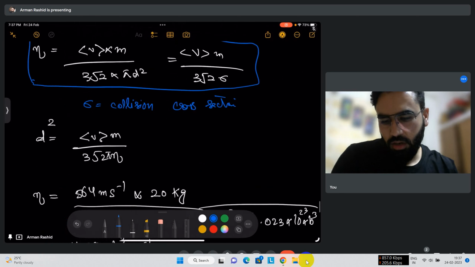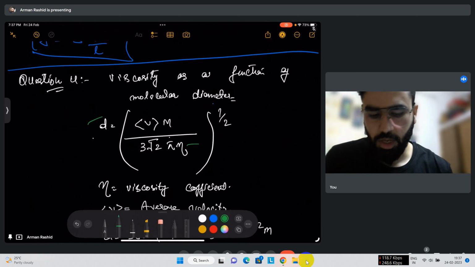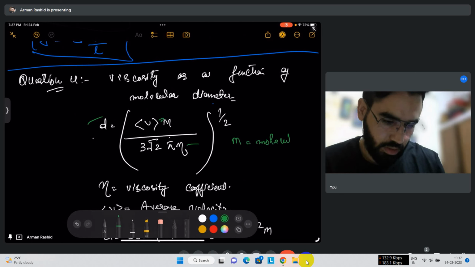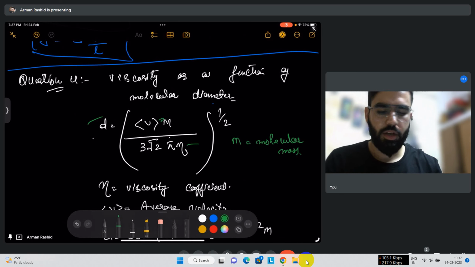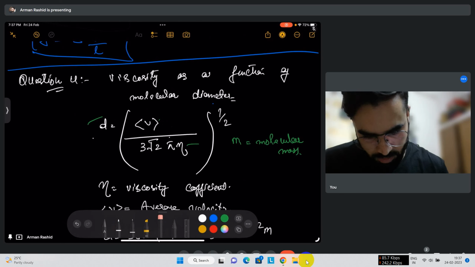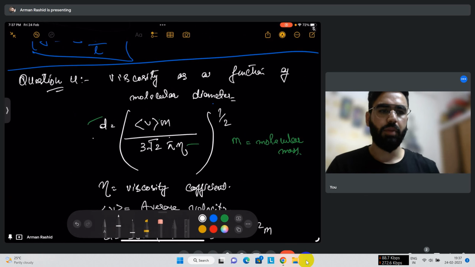So what we have done is we have used this equation that correlates viscosity as a function of molecular diameter and molecular mass. Here m, small m, is the molecular mass. I have used this molecular mass in the relation between the viscosity and molecular diameter to determine the viscosity where the molecular diameter was given.